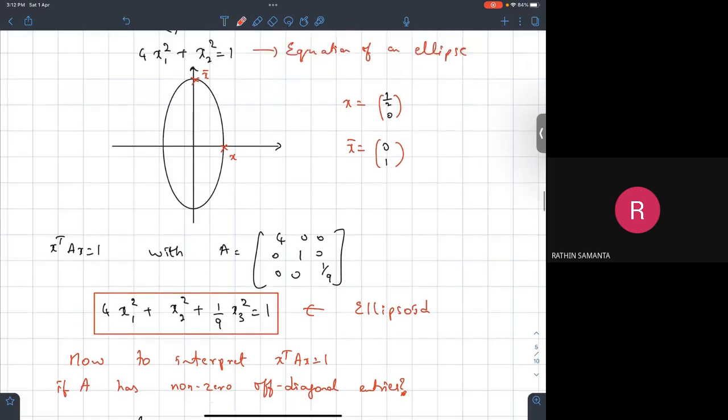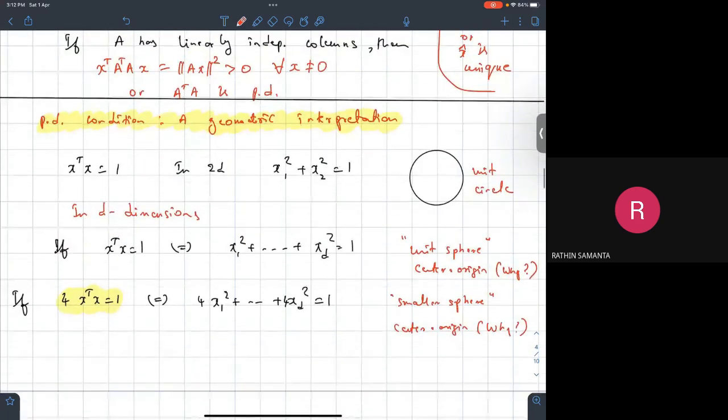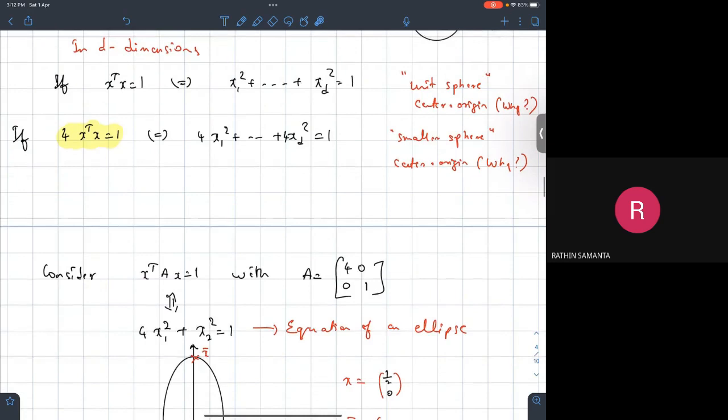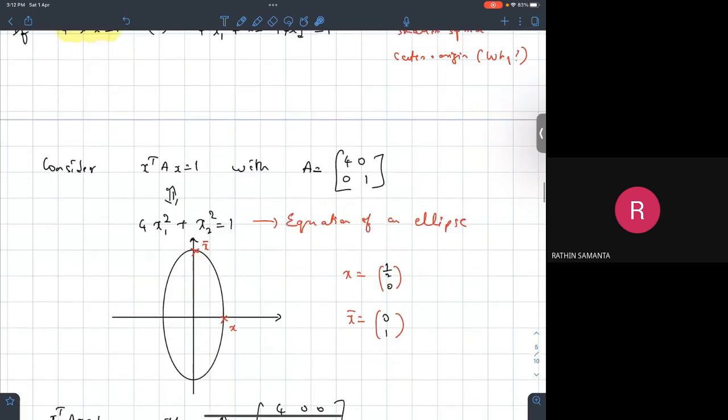So the point I'm trying to make is, when I write x transpose x, there is an identity matrix sitting here. With an identity matrix, it leads to the equation of a circle or a sphere. But the moment it is not an identity matrix, it becomes an ellipse.